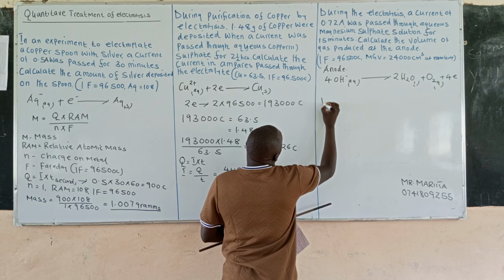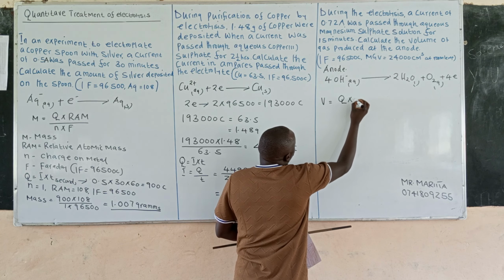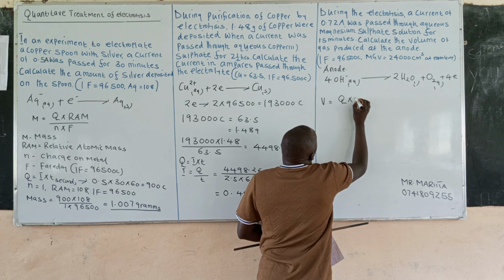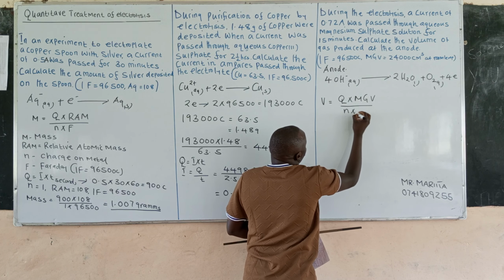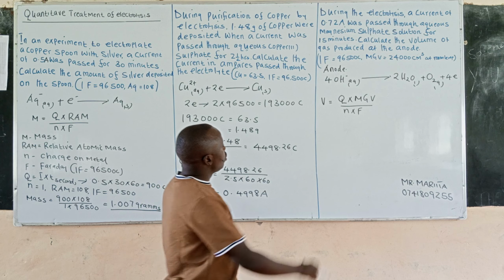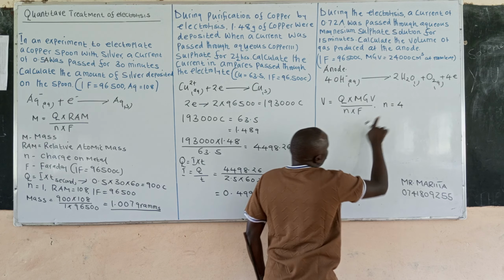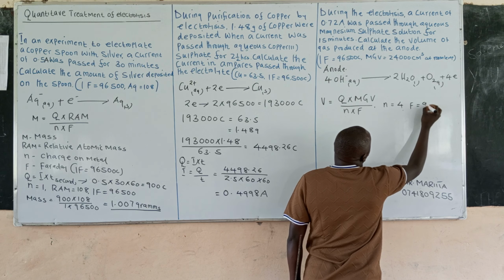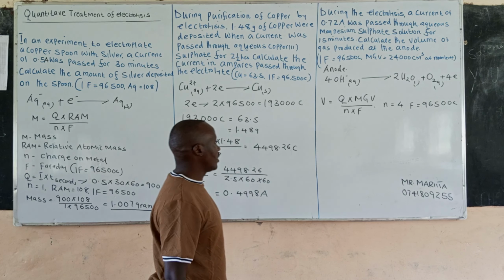The volume is normally equivalent to the quantity times the molar gas volume, divided by n times the Faraday constant. Here n is equal to 4, as this requires 4 electrons, and the Faraday is 96,500 coulombs.